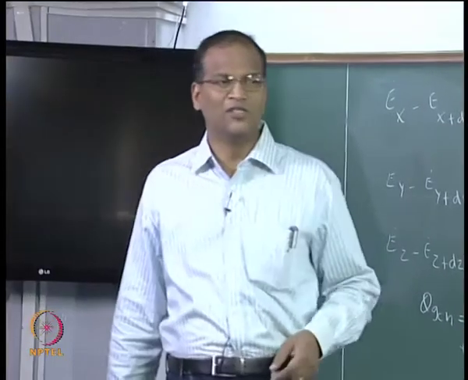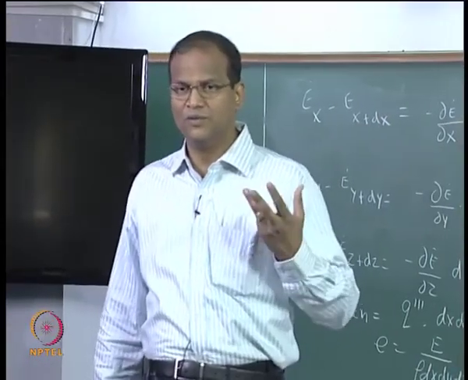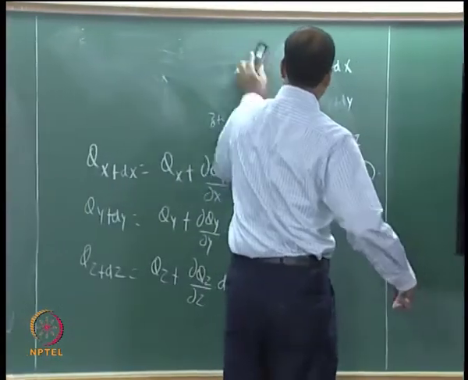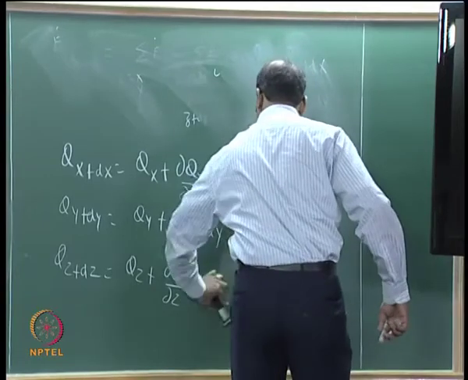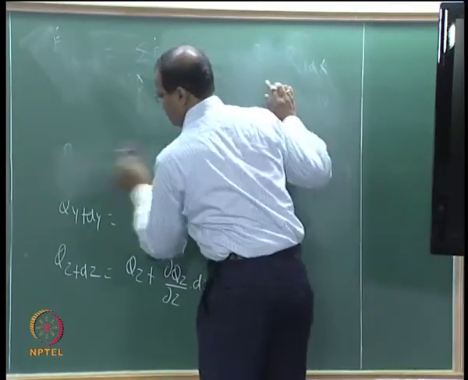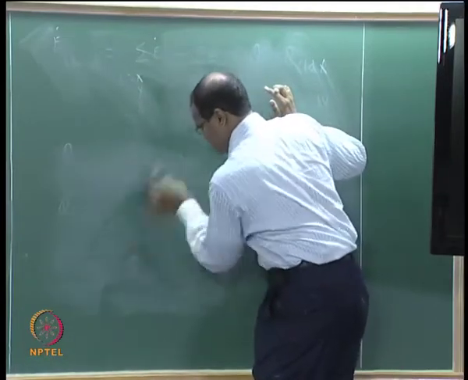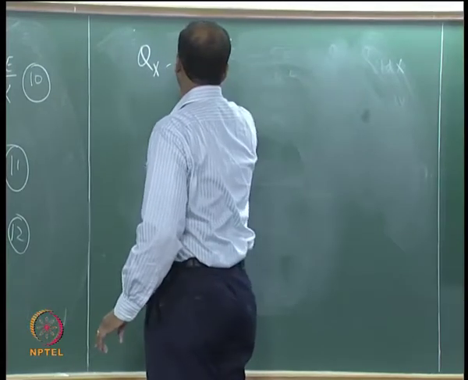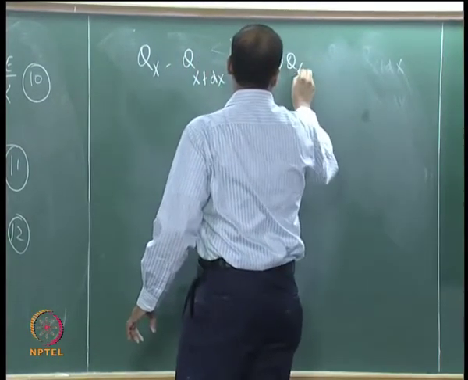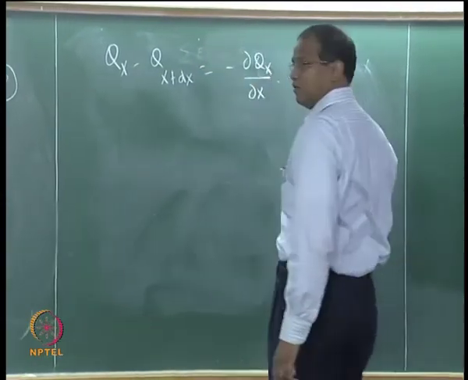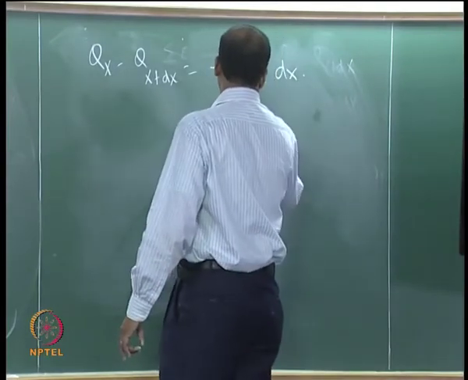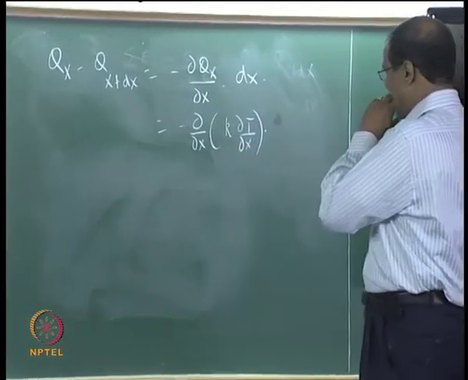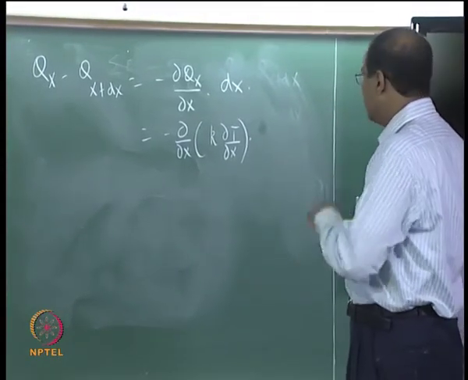Minus k dou T by dou x. Qy is minus k dou T by dou y. Qz is minus k dou T by dou z. So therefore, yes.